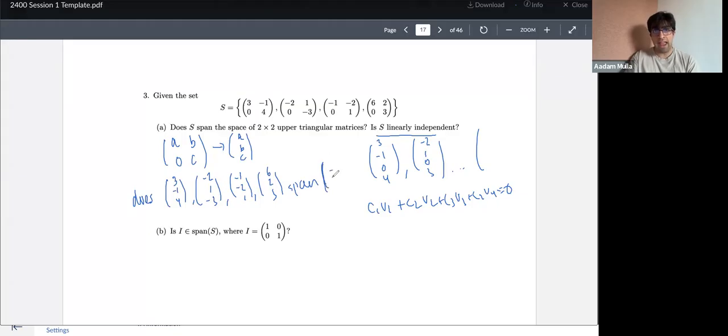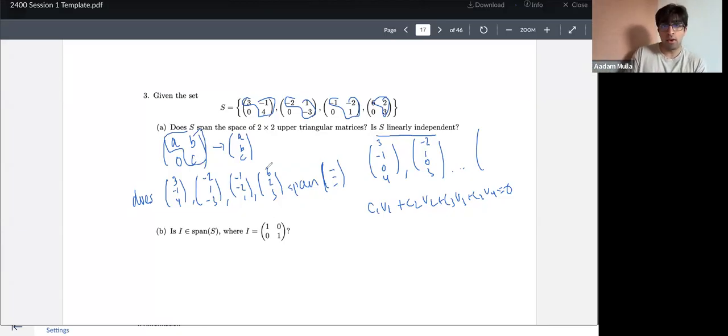Does this span any three-dimensional vector? Because if we can form any three-dimensional vector with these, then we can form any upper triangular matrix. So that's what you'll be asking here.